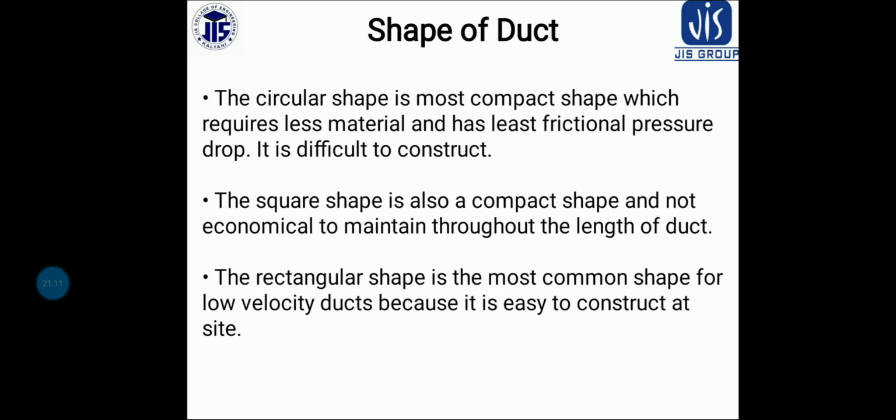Okay, the initial cost depends on the size of the duct, and a smaller size duct will cost less. But with a smaller duct the air velocity will increase, and so the pressure loss due to friction also will increase.